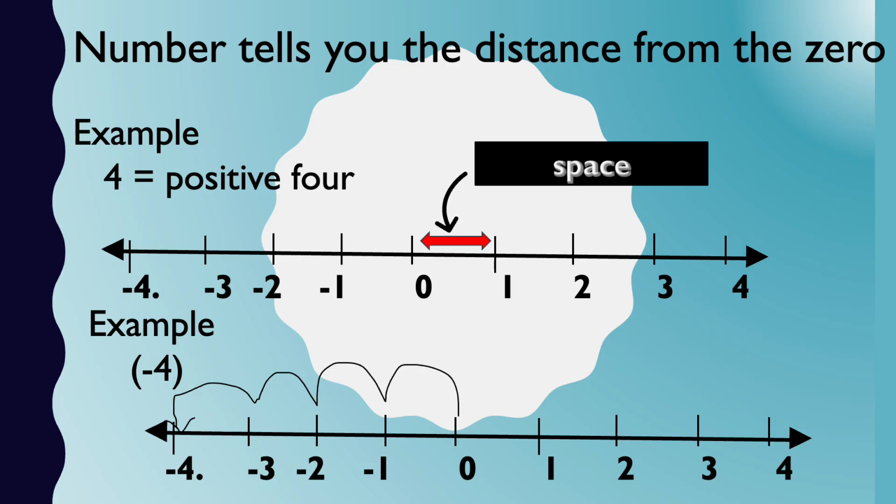Now we are going to tell the distance. How are we going to tell the distance? This is number 4. So we say number 4 lies 4 spaces to the right of 0.